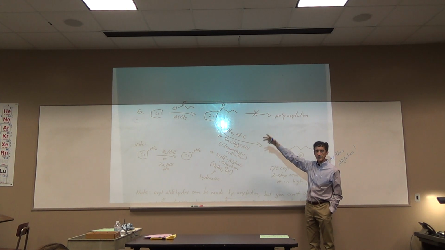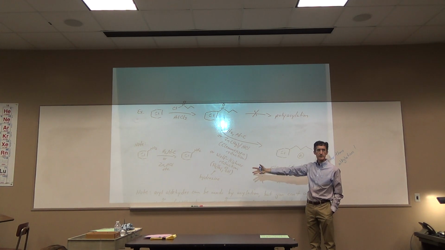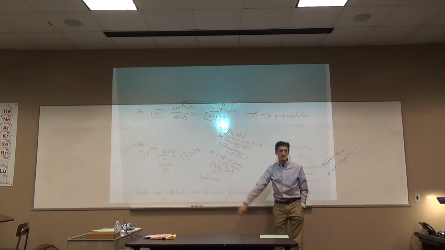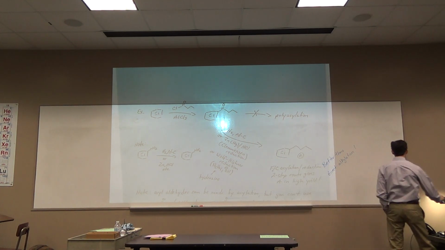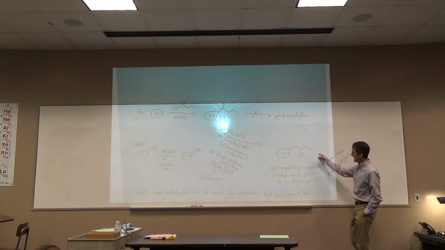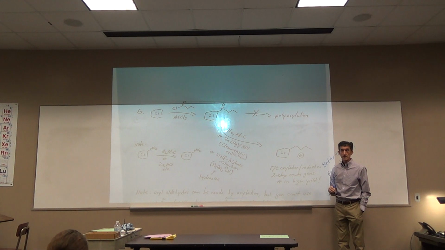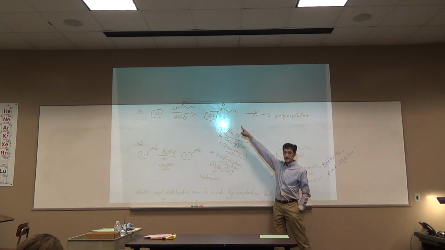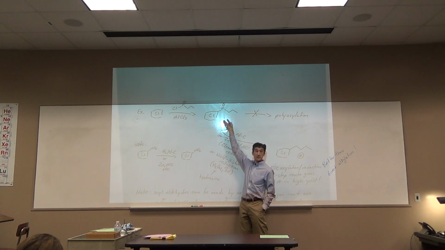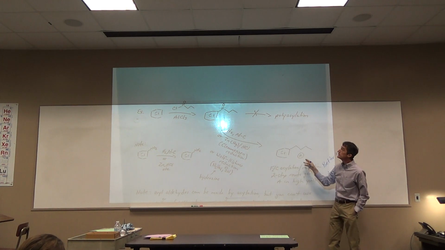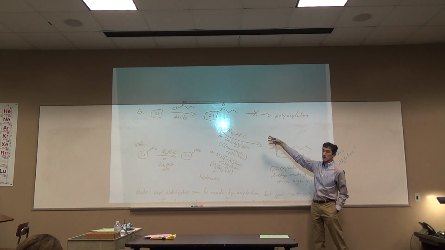Say it with me: acylation followed by reduction. One more time, acylation followed by reduction. That's the 2-step route to making, what do we ultimately have here? An alkyl group on the benzene ring. If you want an acyl group on the benzene ring as your final product, you just stop there. If you want an alkyl group, you put the acyl on and then reduce it.